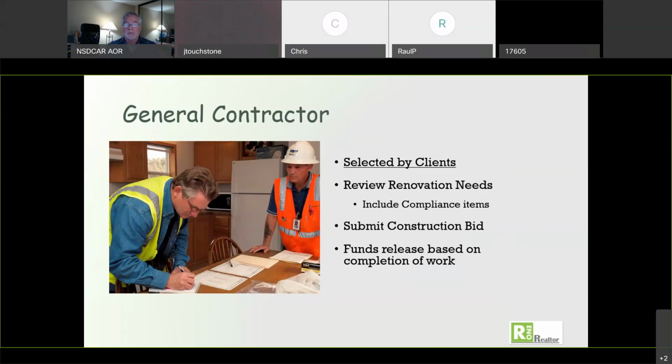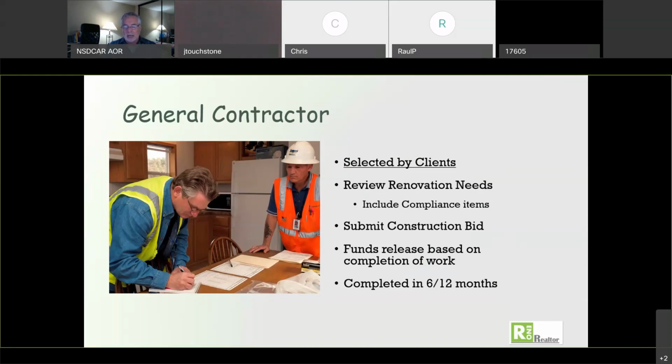And if they're 50% through the foundation work, we'll release 50% of those funds. And we'll keep doing that until the project is completed. HUD and Fannie Mae have timelines on when these projects can be completed. I've been in a lot of scenarios where we've had to go way beyond this, but we have to try to work within these time frames.